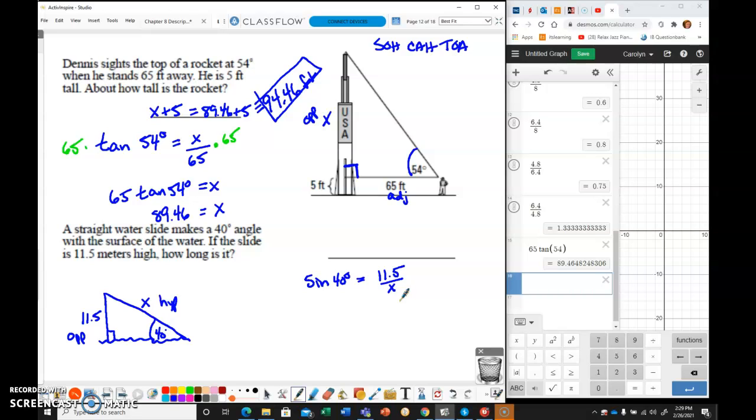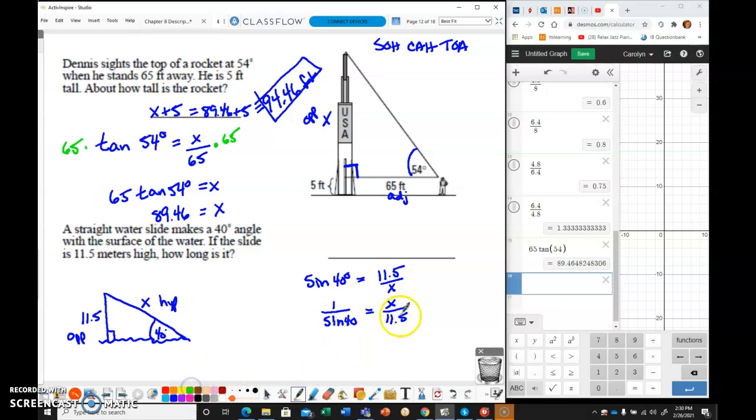One of the things I suggested last time was the ability to reciprocate both sides, so I'm going to show that one this time. If I reciprocate this side, it becomes 1 over the sine of 40 degrees. And if I reciprocate this side, it becomes x over 11.5. Well, that's actually pretty nice now because x is in the numerator where I want it.